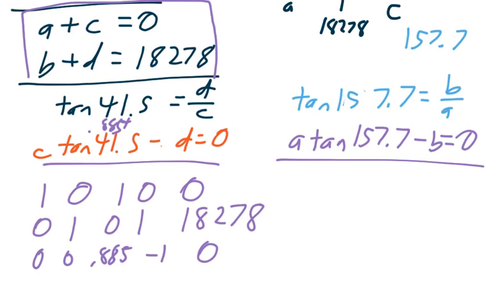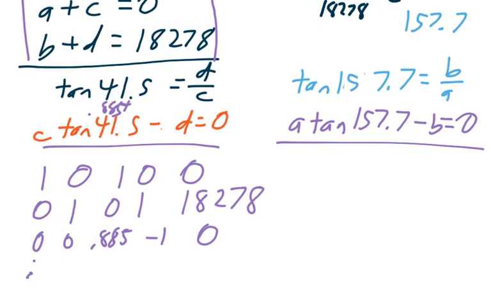And the tangent of 157.7 is negative 0.41. Negative 1, 0, 0, 0. And I can put this in my matrix. I'm going to use a 4 by 5 because I got four unknowns. And I put that in.